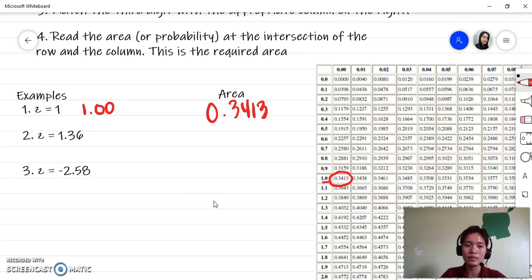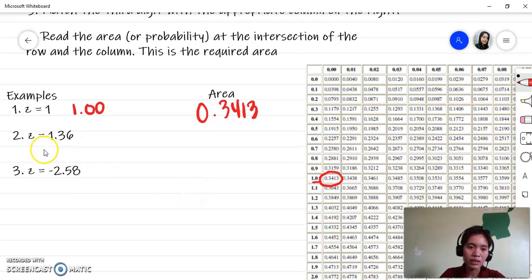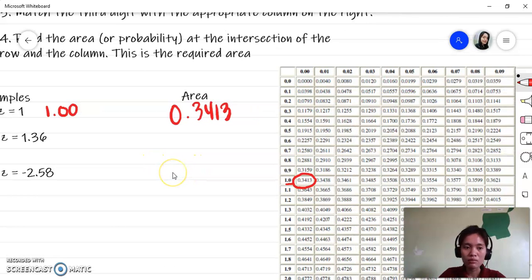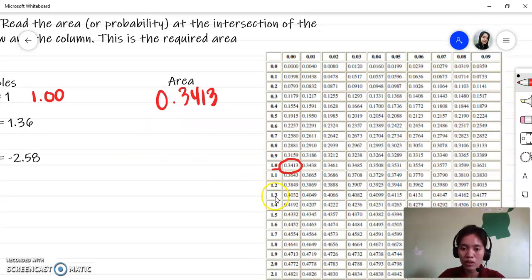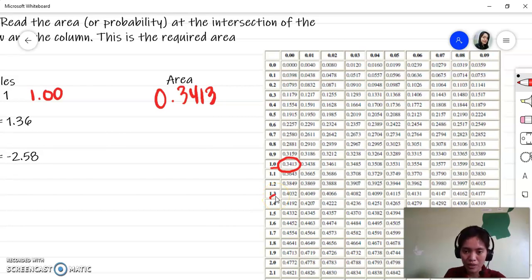Same process. There is no need to write into 3-digit form since this z-value is already in 3-digit form, so go to step 2. Look for the first two digits, which are 1 and 3, on the left column. 1.3 is here.